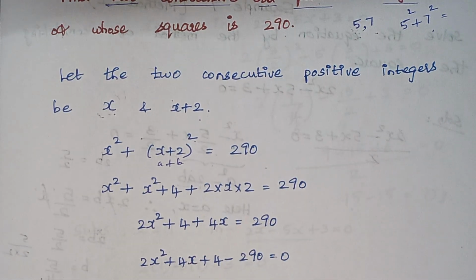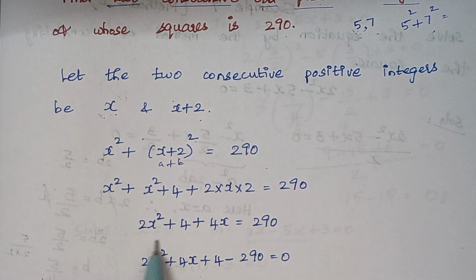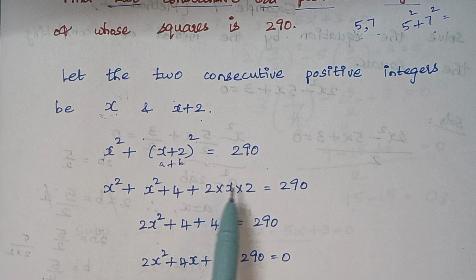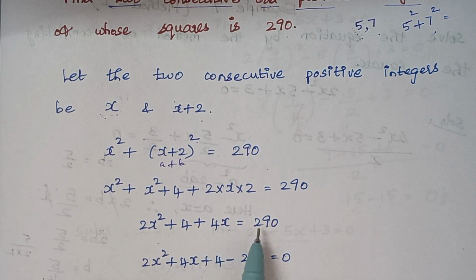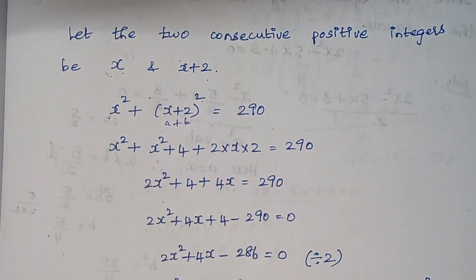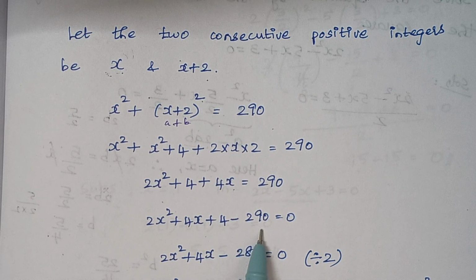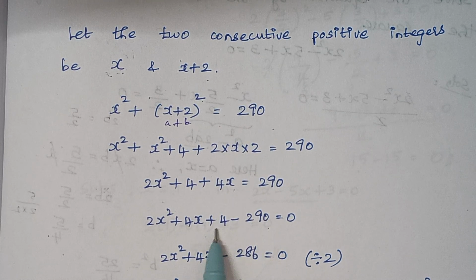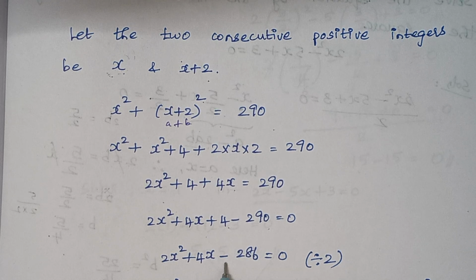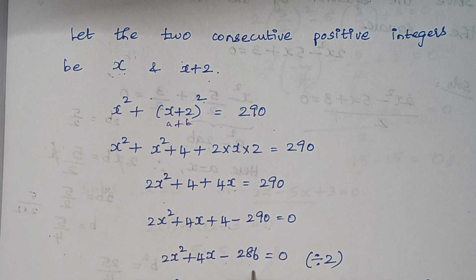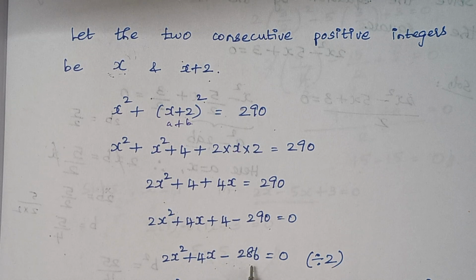When you solve, x square plus x square makes 2x square, plus 4 plus 2 into 2, 4x, equal to 290. When you move 290 to the left hand side, it becomes minus 290. So minus 290 plus 4 gives you minus 286. So the expression is 2x square plus 4x minus 286 equal to 0.